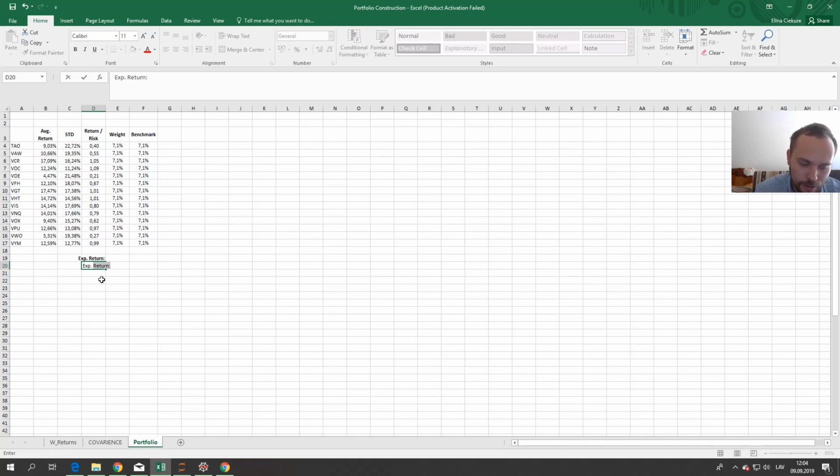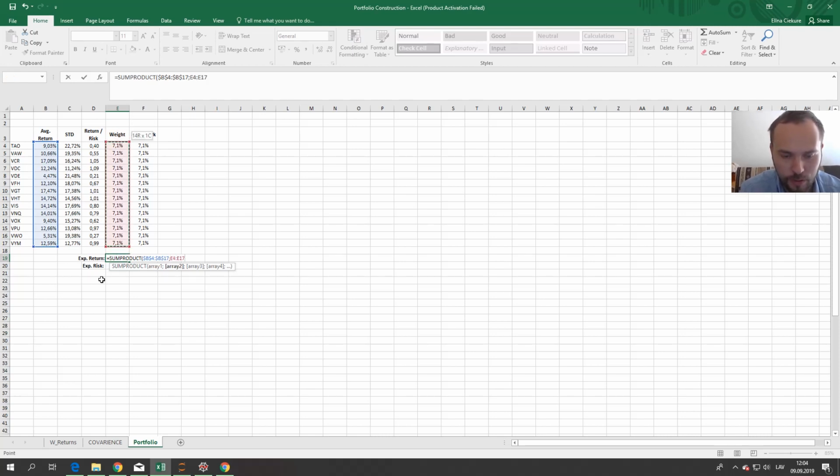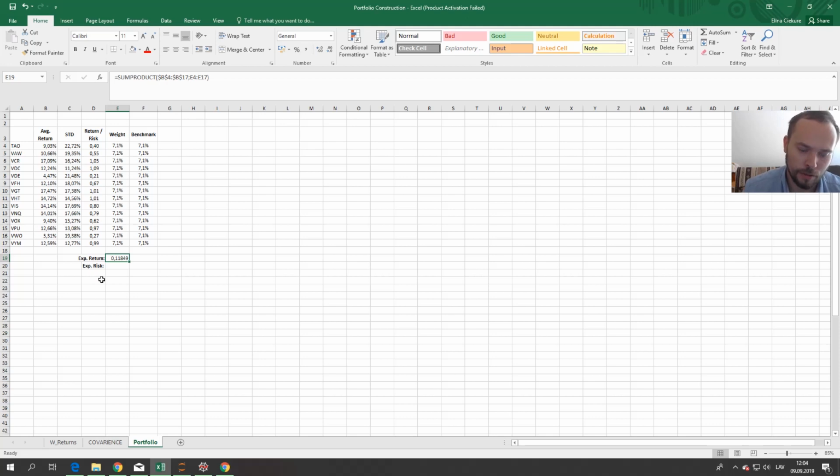But as you might know, if you have learned anything more about investments, the returns don't really go along with this normal distribution. So don't get your hopes up if you have a very awesome historical average. This will most likely not be true in your future, but just for simplicity's sake, we will go with the assumption that this is going to be our expected return in the future.